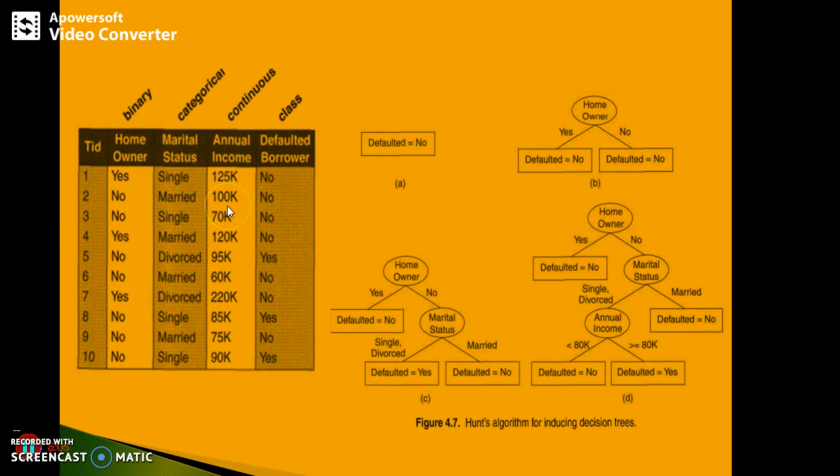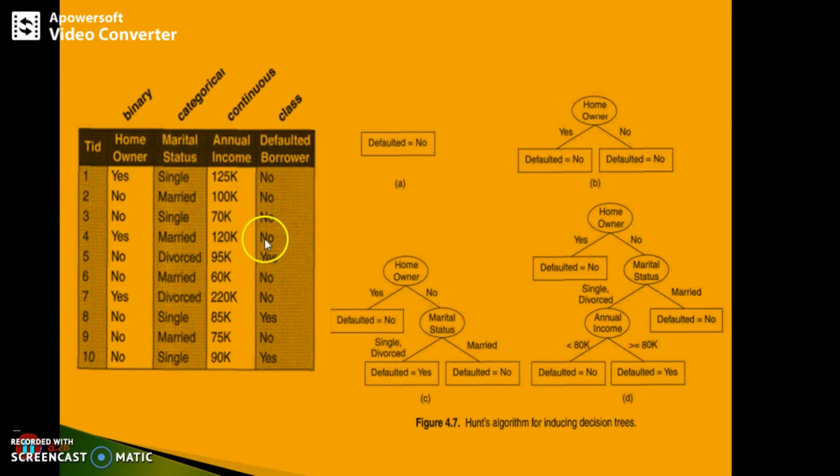His analysis is based on this type of data set, where he has already collected information about previous customers who have paid the loan and those who have not. So based on the analysis of this data set, the officer will decide whether he can sanction the loan or not.